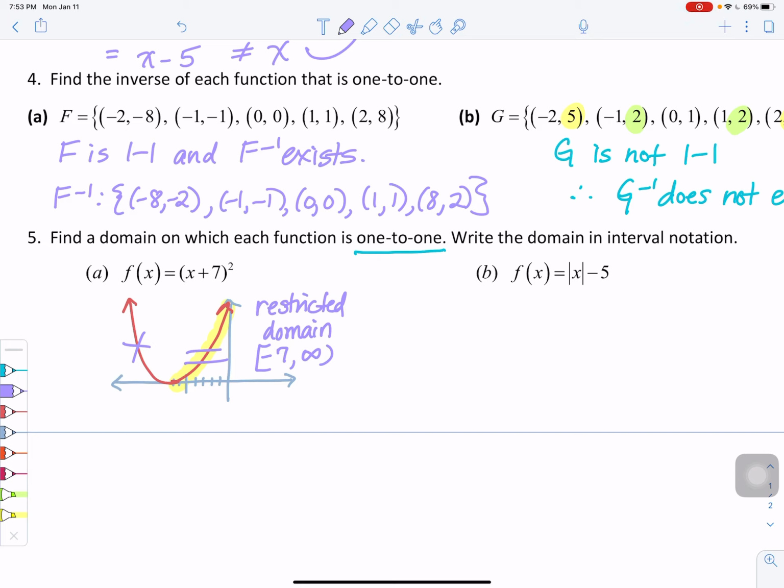Okay, let's look at the last problem. This is the absolute value function translated down 5 units, and it looks like this. Now, as you can see, this fails the horizontal line test.